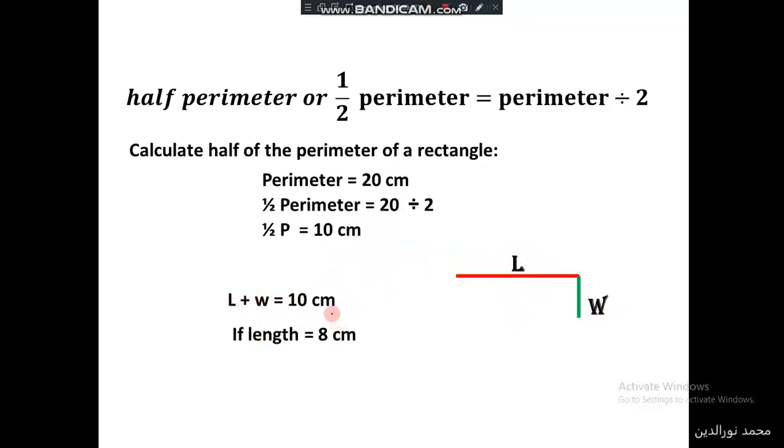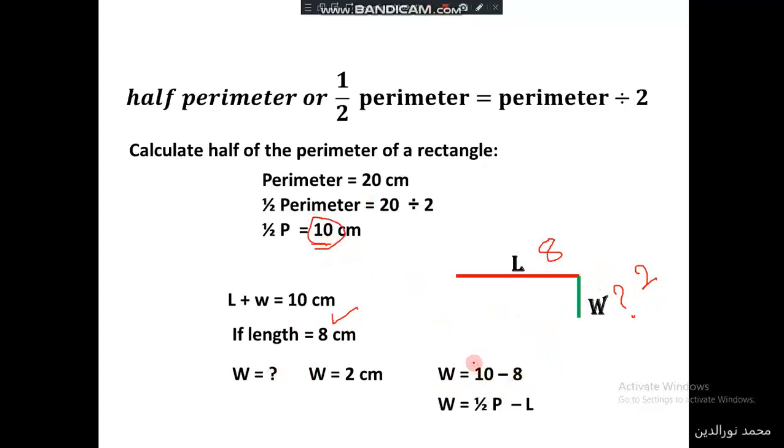If we say that the length is 8 centimeters, what is the width? If this is 8, how much do we need till 10? We need 2. How could you find that? W equals 10 minus 8. 10 is the half perimeter, minus 8, which is the length.